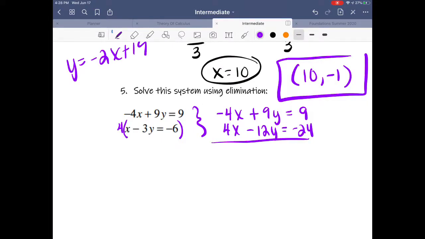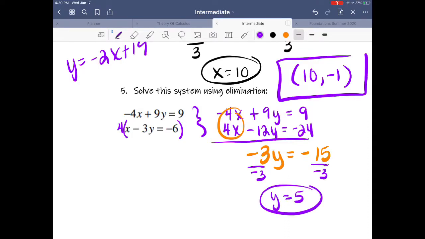Now keep in mind that you have to multiply everything in the equation to keep it balanced. So my x's eliminate. We get negative 3y equals negative 15. Then divide, and we have our y coordinate.